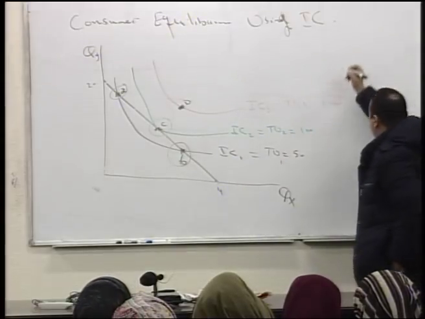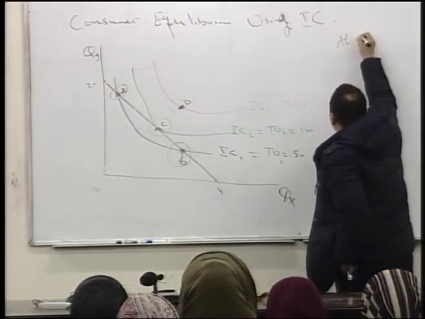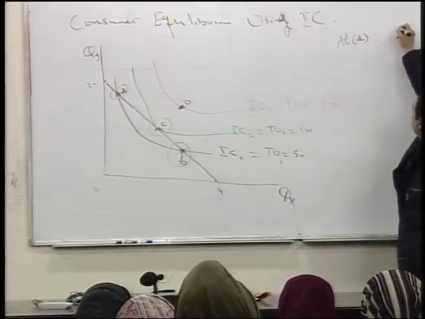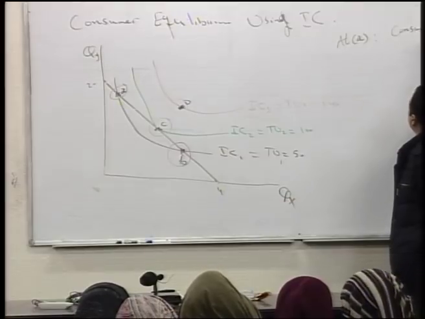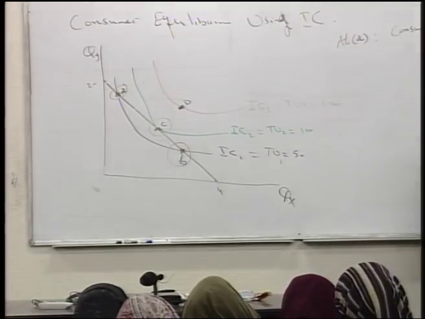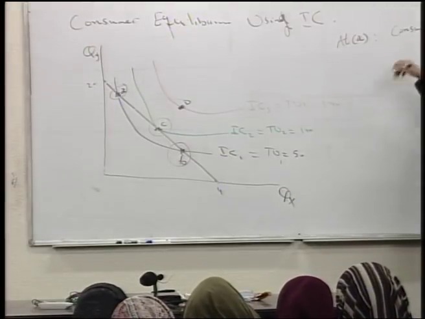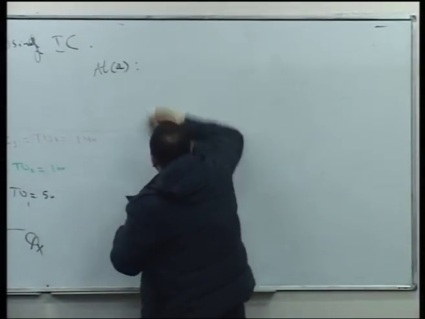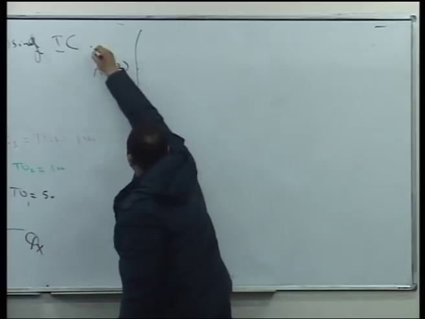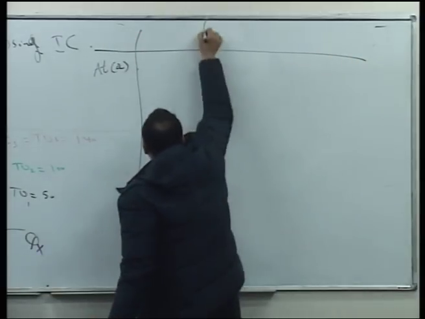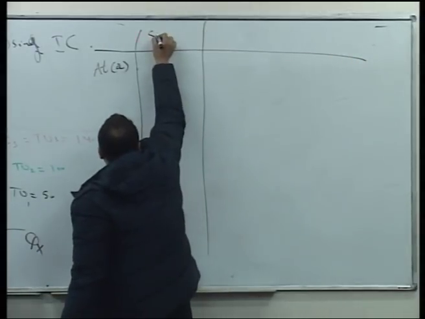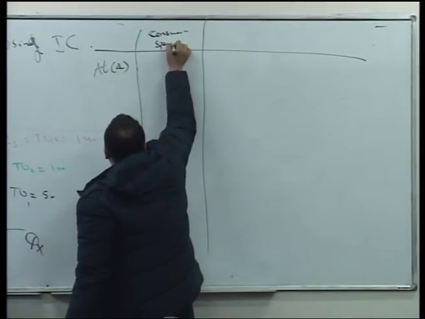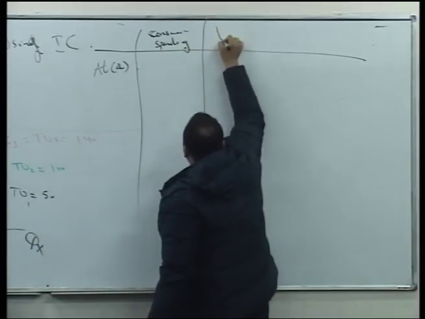So at point A, the consumer spends how much? The consumer spends 200. Here we're talking about the consumer spending and the utility obtained.